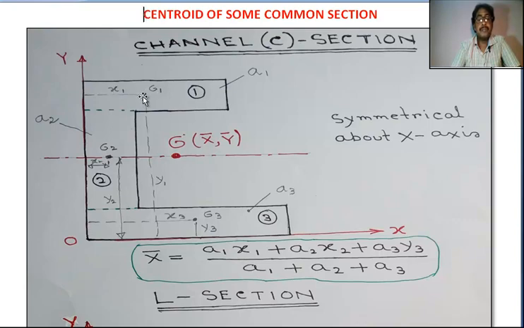Distance of G1 centroid from the y-axis is x1. Distance of G1 from the x-axis is y1. This is the area 2.